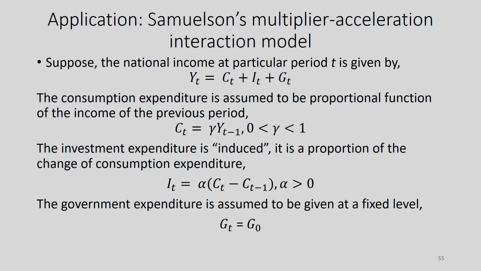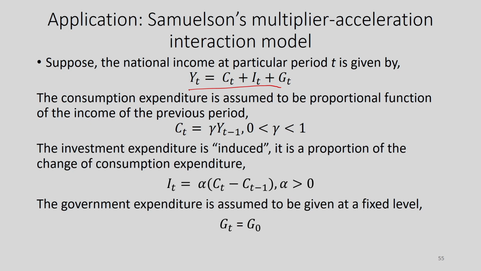So, we start with the national income identity. The national income at a particular period t is given by y t is equal to C t plus I t plus G t. That is, the national income is the summation of consumption expenditure, investment expenditure and government expenditure. So, we are assuming a closed economy, there is no export and import.